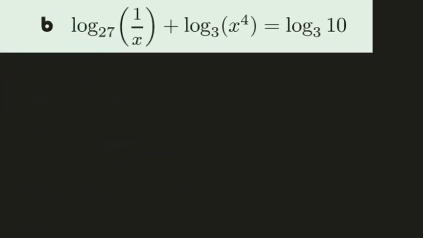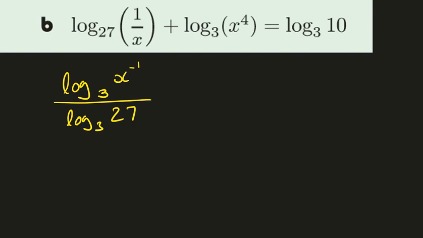This one, we've got bases of 27 and 3 going on. So to me, it would make sense to try to write everything here as a base of 3. So if we do that, we will end up with the following. Log base 3 of x to the minus 1, which is the number inside the brackets there, over log base 3 of 27.